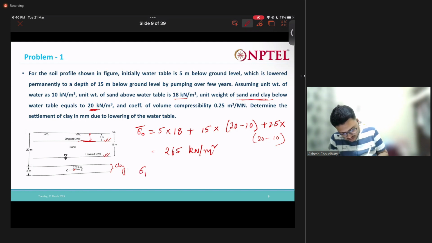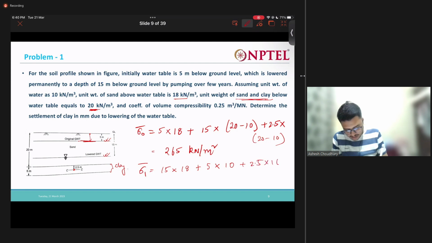Next, after the lowering, let us find out. It will be 15 into 18 plus 5 into 10 plus 2.5 into 10.